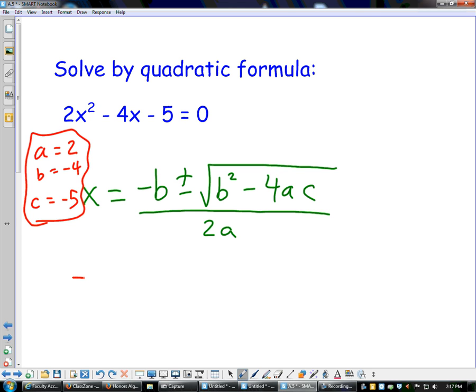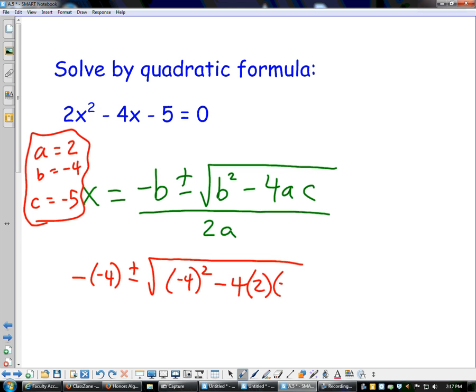So we would get the opposite of negative 4, plus or minus the square root of negative 4 quantity squared minus 4 times 2 times negative 5, all over, right? Don't make the mistake of saying, oh, it's just this much as the denominator, because that is not accurate.